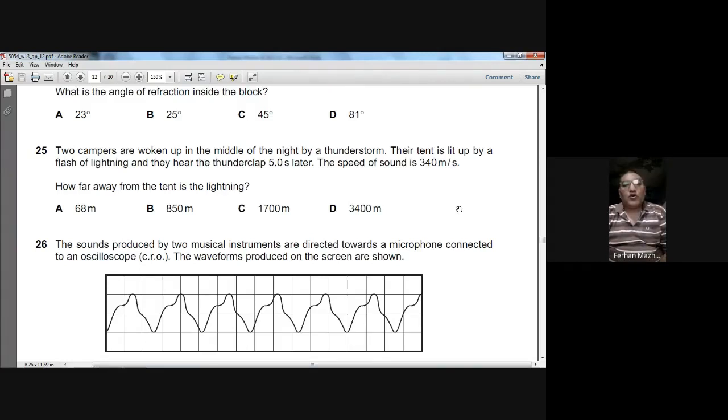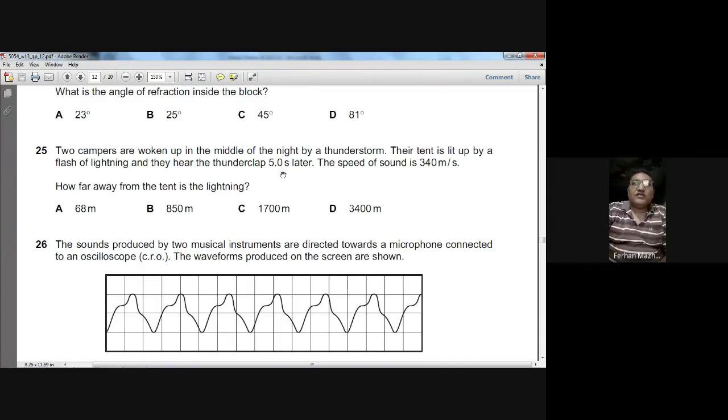And they have found out that it took 5 seconds for the thunder sound to reach them. So by applying the formula distance is equal to speed multiplied by time, they can tell the distance of the thunder from them.